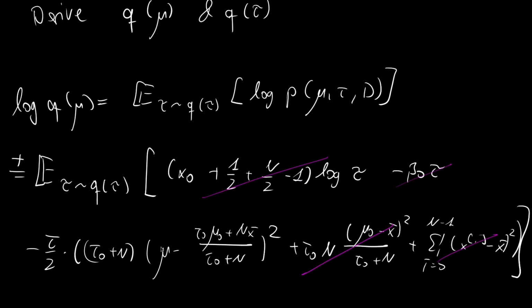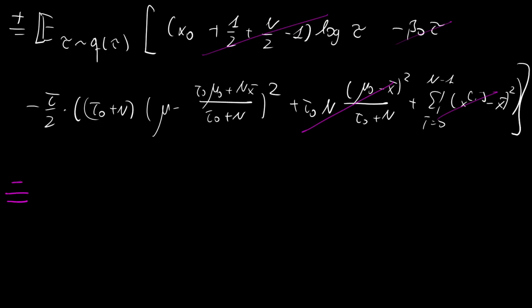The only place where we have a mu is in here. Of course, don't mix this up with the mu_0, which is just a fixed hyperparameter. I'm talking about the mu which is this latent variable that we want to find the surrogate distribution over. So this will then yield another approximation up to an additive constant over the expectation over tau, and I will use the shorthand notation expectation tau if it is distributed according to q of tau.